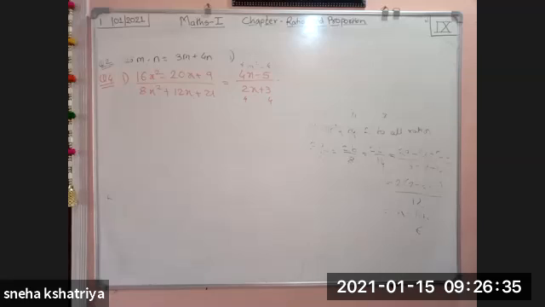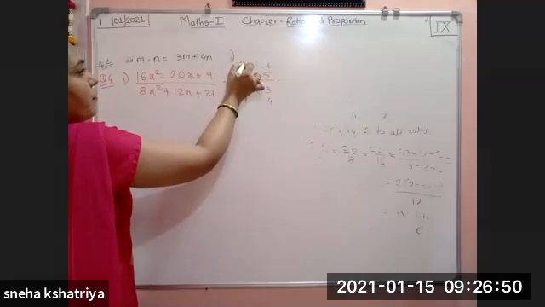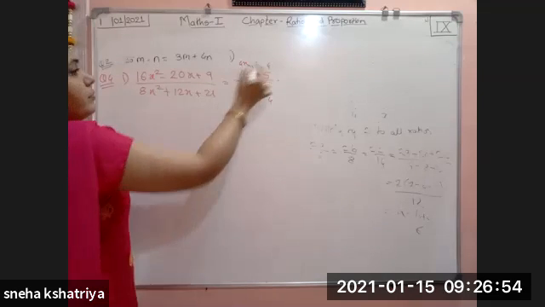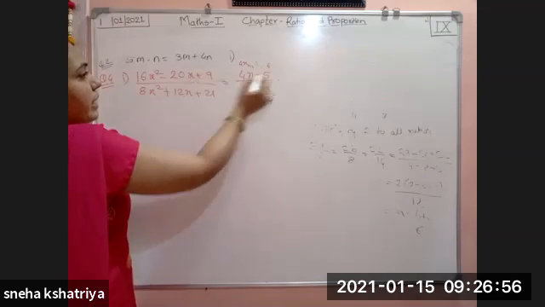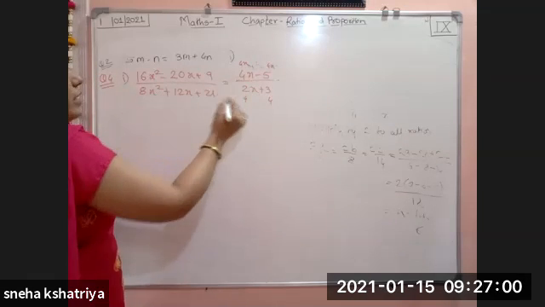If you multiply the right side completely by 4x, here you will get 16x square minus, again x square is there, and here only x is there, so you have to multiply by 4x. 4x into 4x will become 16x square. Here 4x into 5 is 20x.